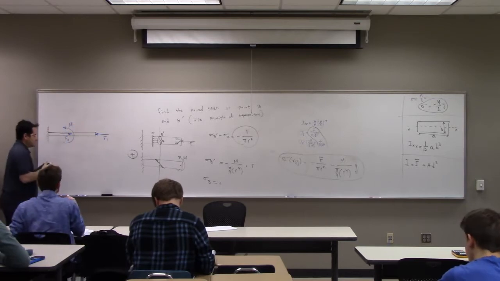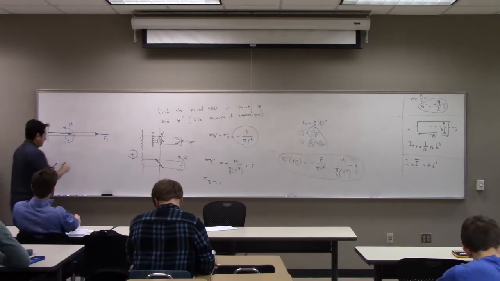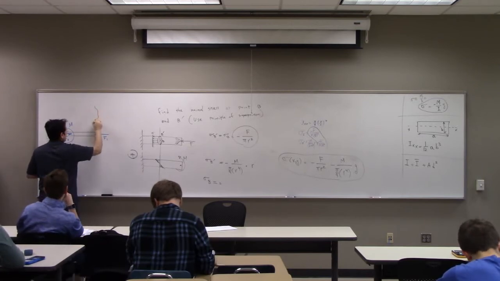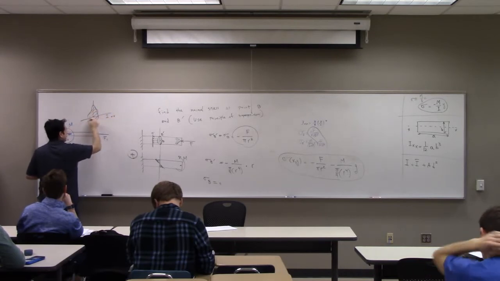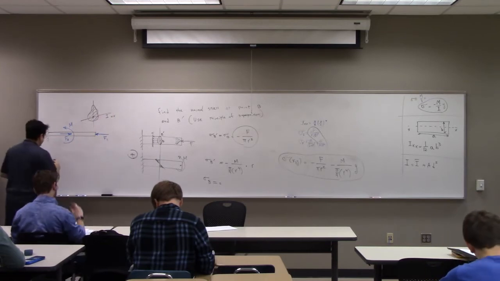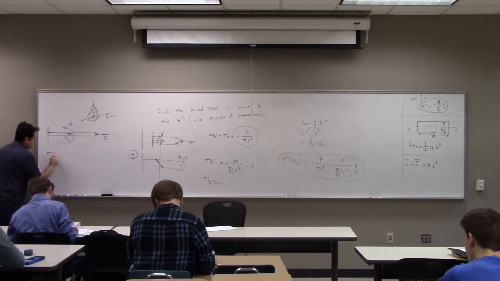And now, assuming that this cross section is symmetric and has I_xx, express sigma as a function of x and y.